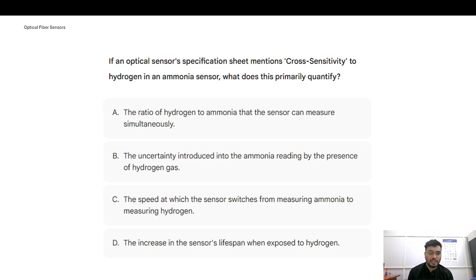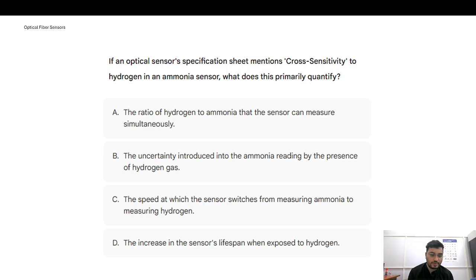Moving towards the next question. If an optical sensor specification sheet mentions cross sensitivity to hydrogen in an ammonia sensor, what does this primarily qualify? First option is the ratio of hydrogen to ammonia that the sensor can measure simultaneously. B. The uncertainty introduced into the ammonia reading by the presence of hydrogen gas.